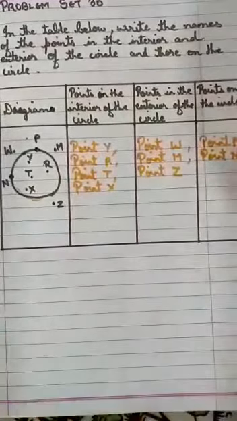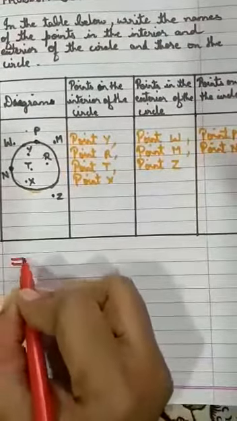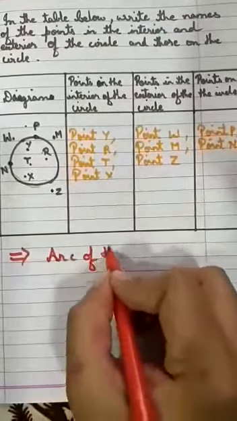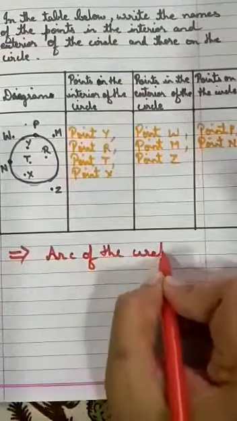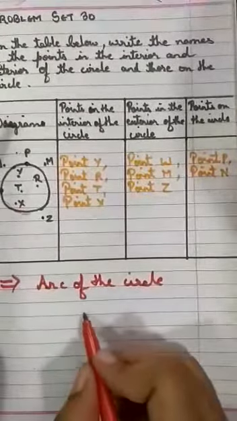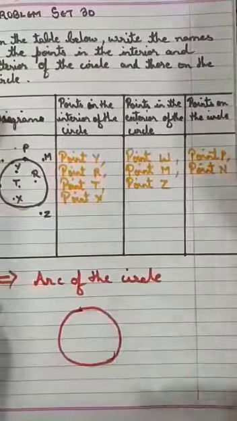Now we will see what is the arc of the circle. This is a new topic, arc of the circle. Now for example, this is a circle.